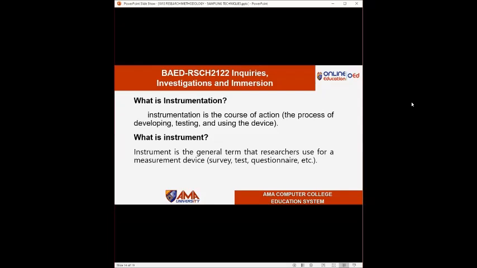So it's the process of developing, testing, and using the device. Yun ang instrumentation. Saka instrument. Yun yung para mas madali nating maintindihan. So instrument is the device and instrumentation is the course of action.